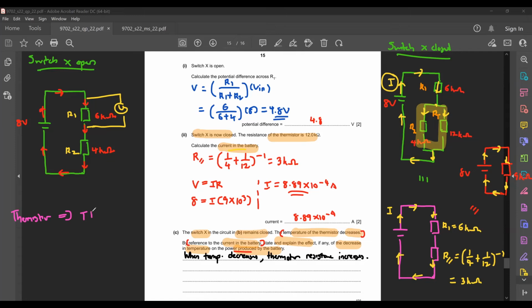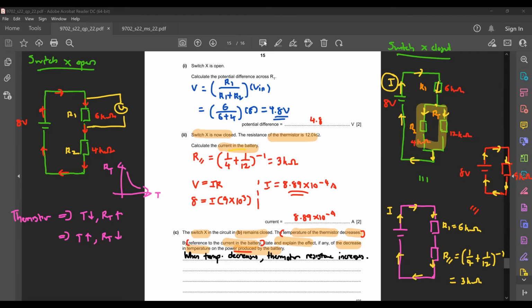When temperature drops, resistance of thermistor increases. And the converse will also be true: if temperature increases, resistance of thermistor drops, because it follows a graph that looks like this. R_T versus temperature is like this. So when temperature decreases, thermistor resistance increases.